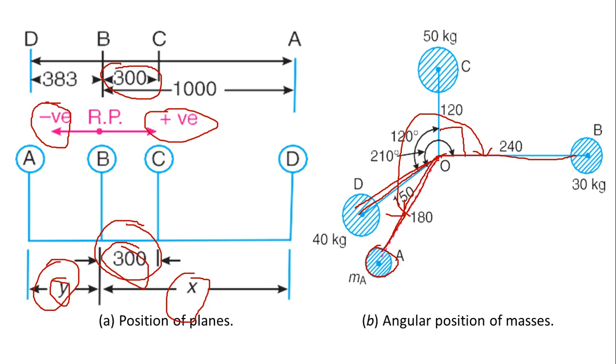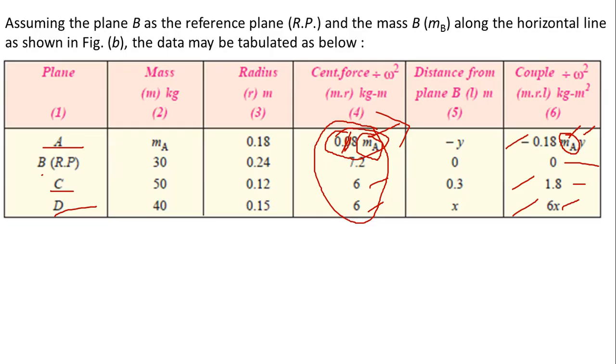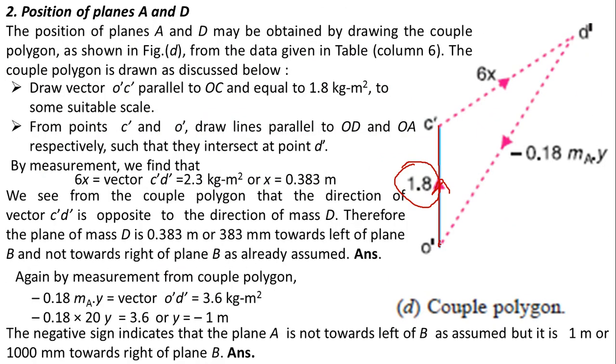So with respect to this OA, parallel to this mass, take a line and draw it from this O dash. So you can draw a dotted line like this, a straight line without any dimension. You don't know the dimension, but you know the position.